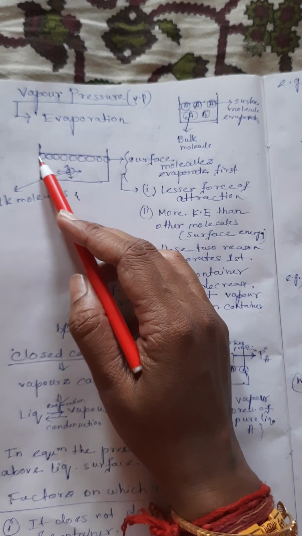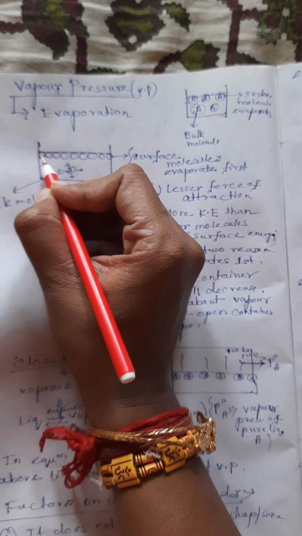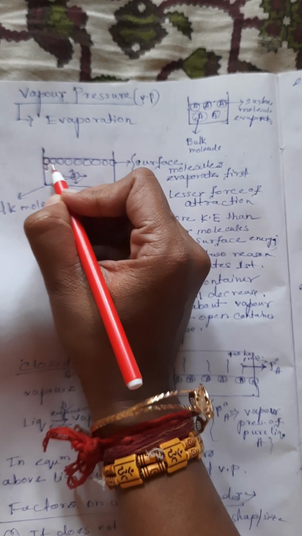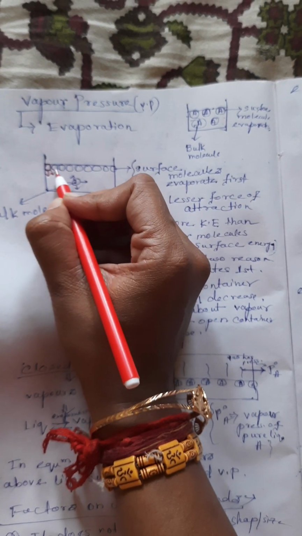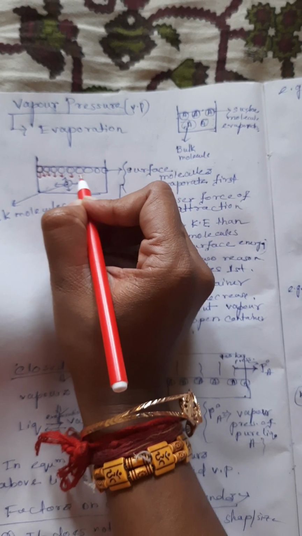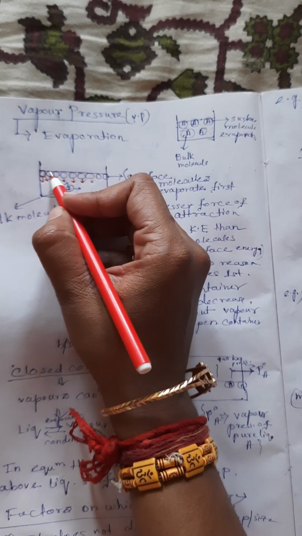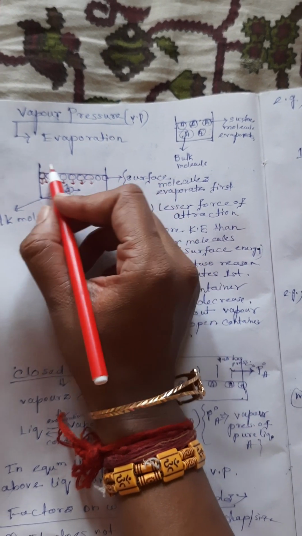Because see, this is the surface molecule. Force of attraction is created only just below this molecule, not on the upper side, because the upper side is vacant now. No solution is present.